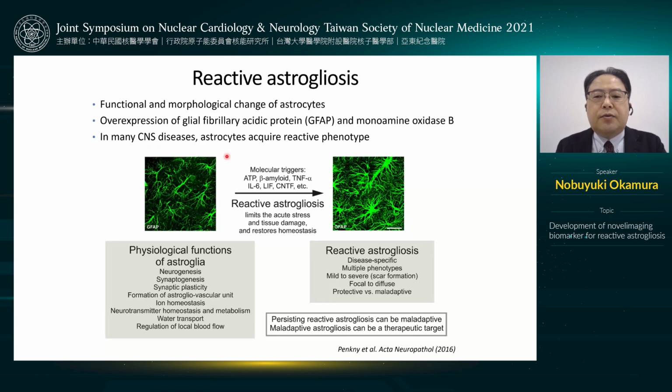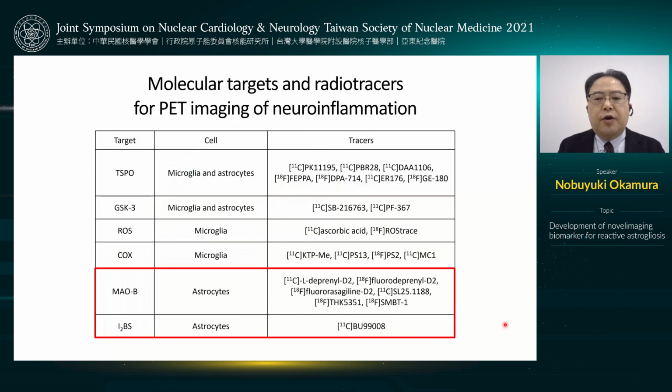Reactive astrogliosis is considered to be a therapeutic target in several neurological disorders. For imaging reactive astrocytes, there are two possible targets, monoamine oxidase B and imidazoline 2 binding sites. Today, I will talk about the PET tracer for imaging monoamine oxidase B.